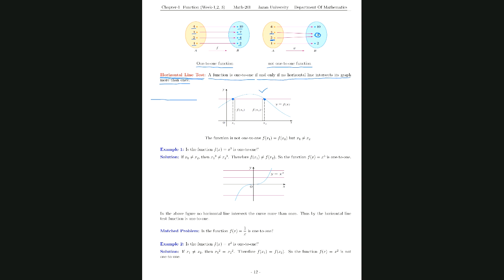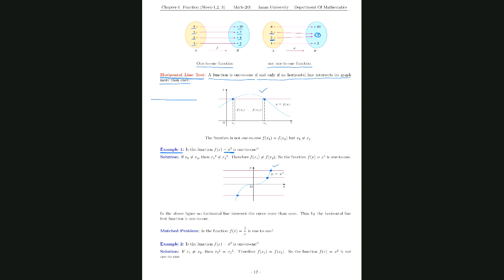Now see here, look over here, example 1. f of x equals x power 3, this is the function x power 3, and this is the graph of x power 3. All horizontal lines, this horizontal line cutting here at 1 point, this horizontal line cutting here at one point, and this horizontal line cutting here at one point.